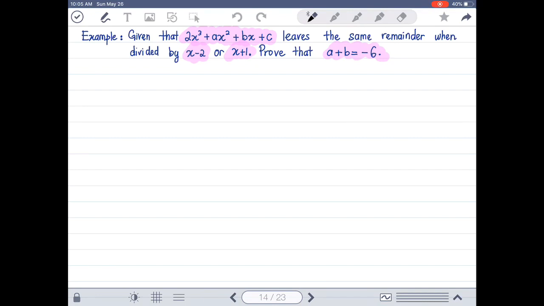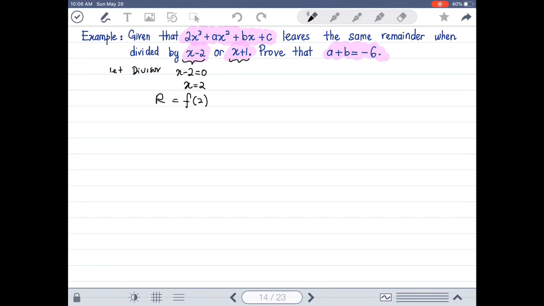According to the remainder theorem, we have our divisor x minus 2 or x plus 1. So let the divisor x minus 2 equal 0, so that x is equal to 2. Hence, we will have remainder equals f(2).